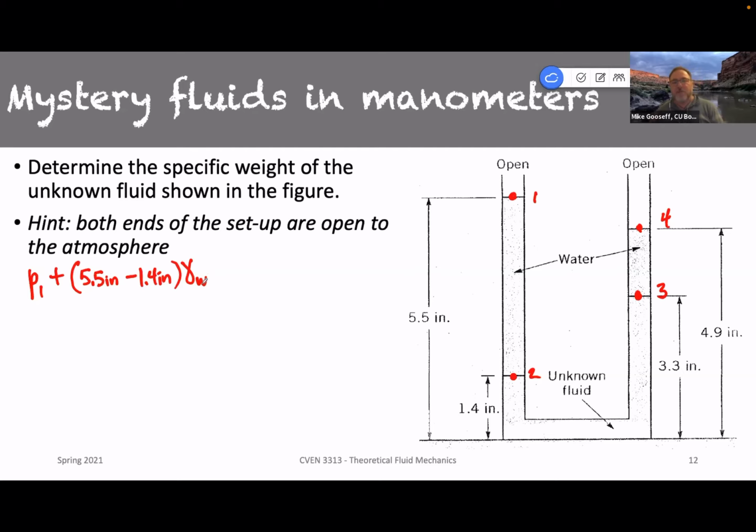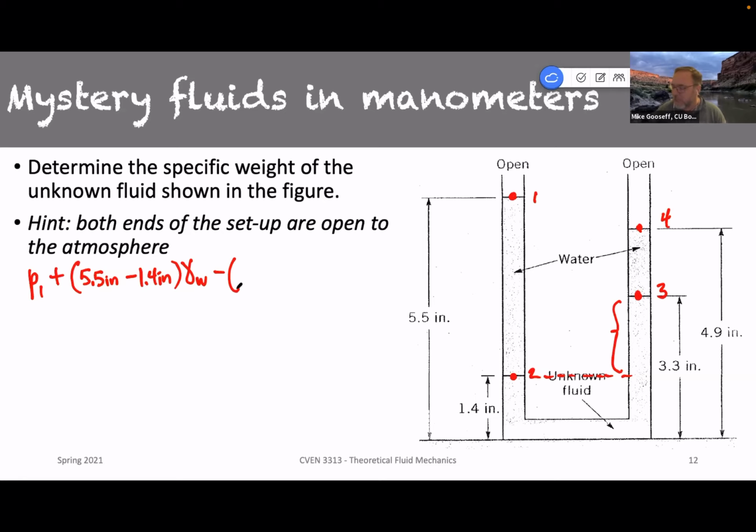Then to get over to the other side, if we come over here, we're now looking at 3.3 minus 1.4 to figure out that height. So now we're going to subtract, because we're going up in height for our unknown fluid to the interface with the other water over here.